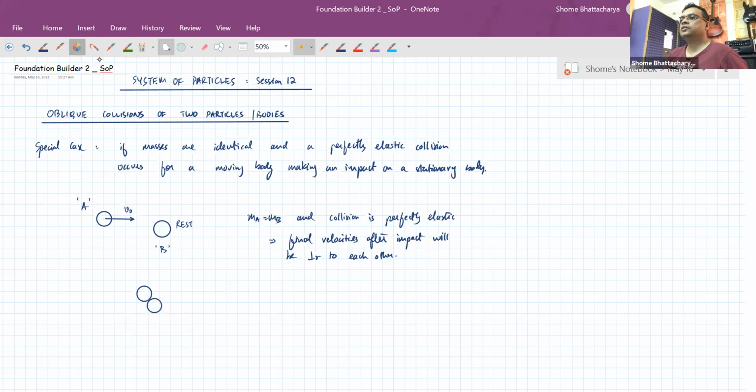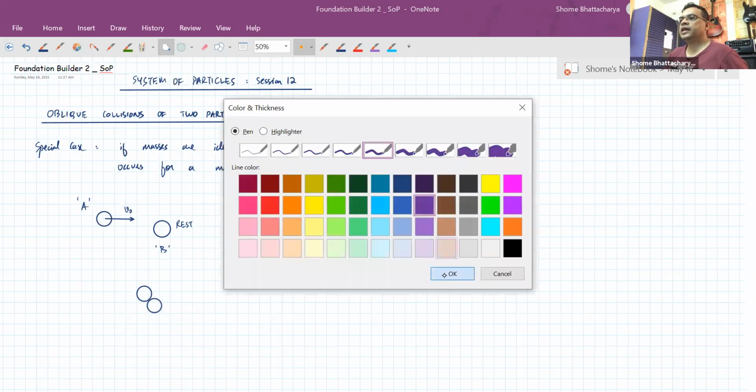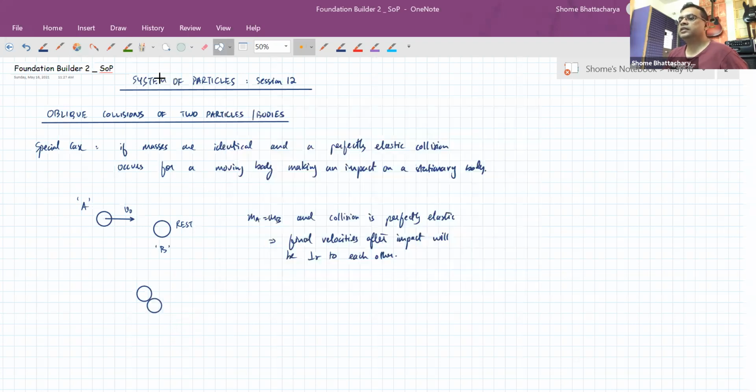As they come in contact, the collision impulse that will act will be along the center to center line. This one will experience an impulse like this, and this one will experience an equal and opposite impulse like this.